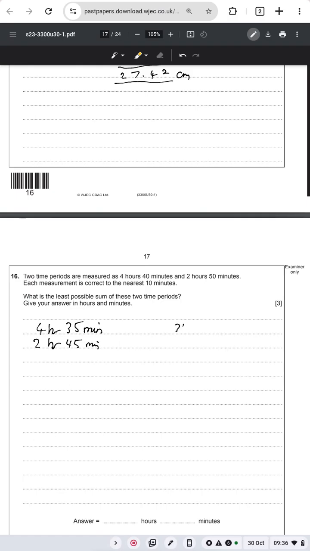So 35 plus 45 is equal to 80 minutes, which is equal to 1 hour 20 minutes. So we have 2 plus 4 plus 1, which is 6. No, it's not, it's 7 hours. And then we've got 7 hours plus the remaining 20 minutes. So that's the shortest, least amount of time.